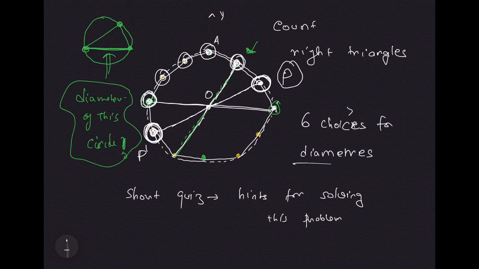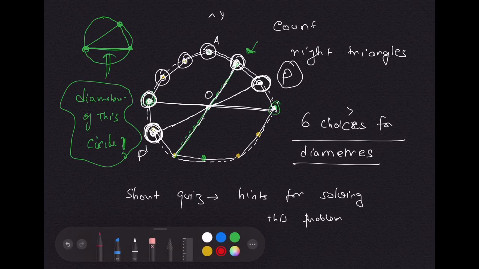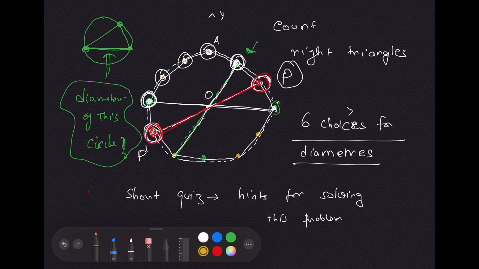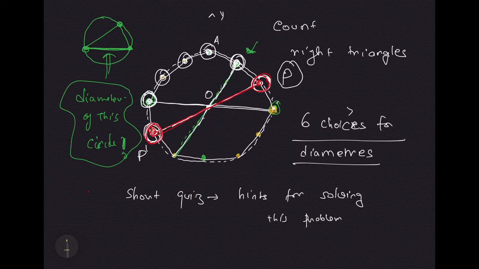Great. Now for each of these 6 choices, you have to choose the third vertex. So for example, if this is your choice for diameter, you have used up 2 of the vertices. Now you have to choose the third vertex to create the right triangle. The third vertex could be any one of the remaining 10 vertices.